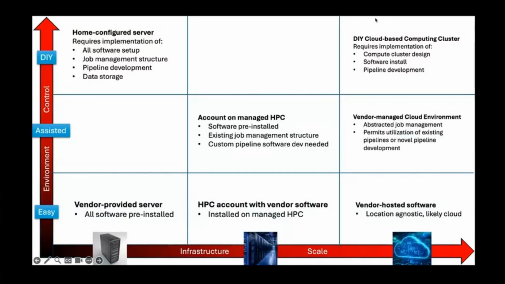Early adopters of cloud computing for NGS analysis really needed to use it as a blank slate. They would create many virtual machines and do the difficult work of organizing those into a computing cluster. You don't really need to do that anymore. Amazon Cloud, for example, has something they've built called HealthOmics, where they have created ready-made computer clusters that you can just spin up and run your pipelines in, and you don't have to do all that work in the background anymore.